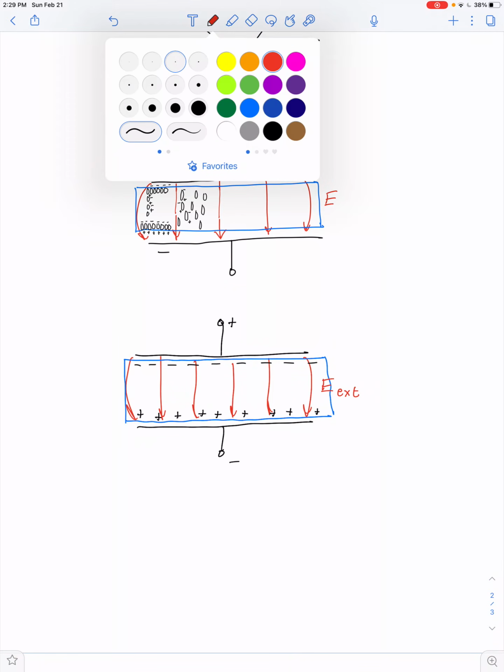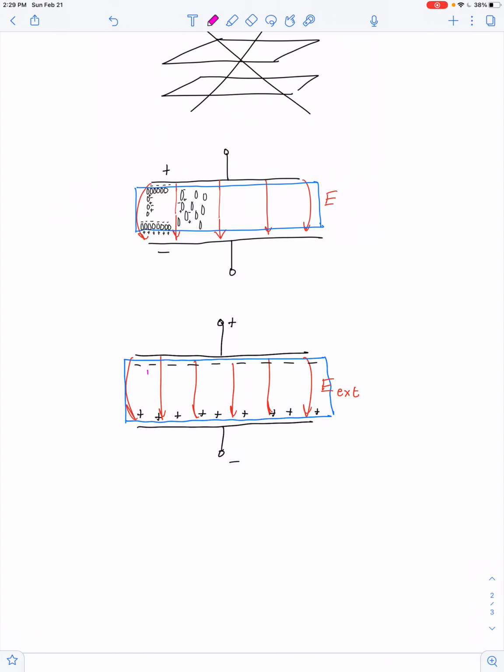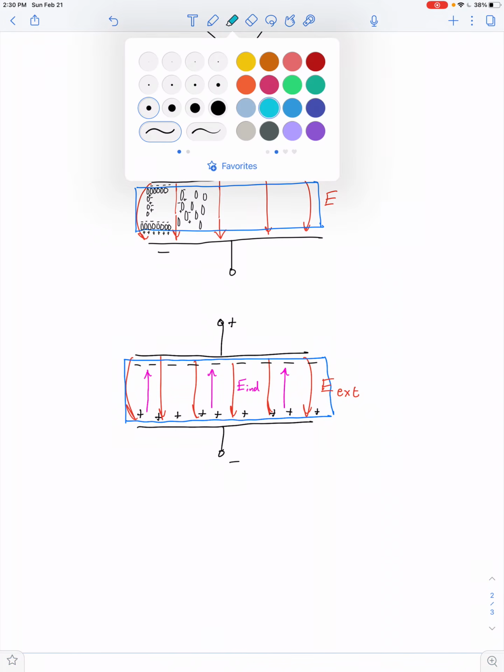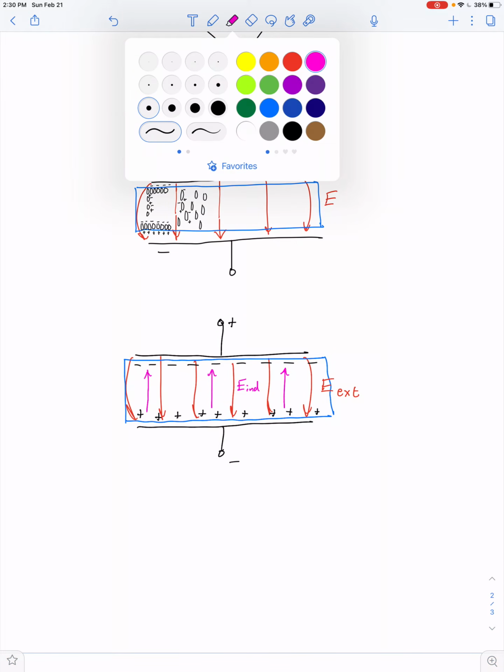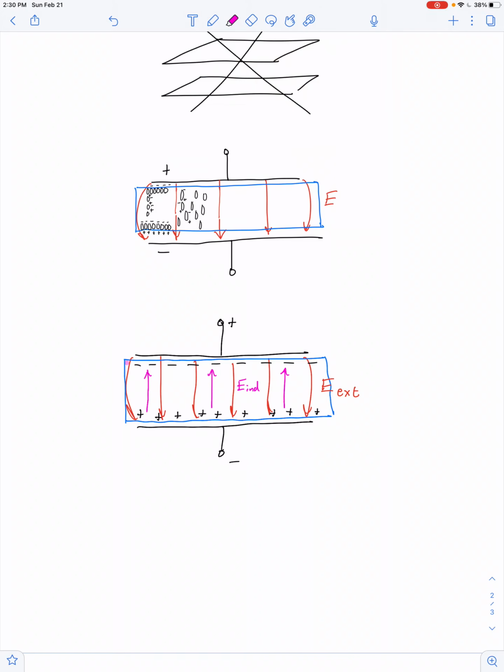But then we end up with a weaker induced electric field, indicated here in pink, that's associated with the surface charges across the opposite ends of the dielectric material.